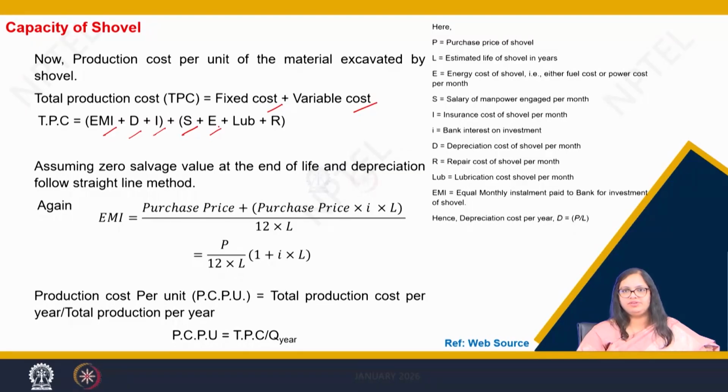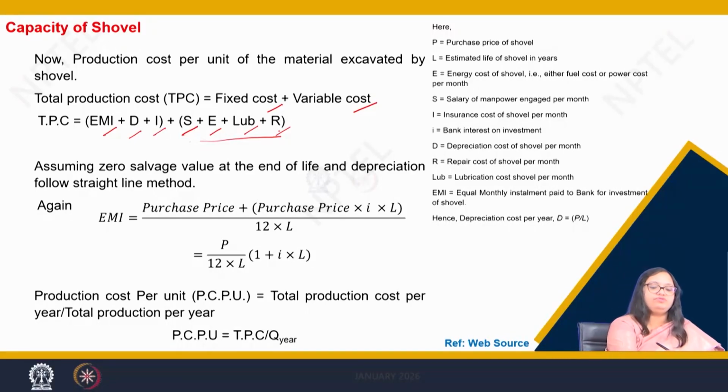If it is diesel driven, then it is the fuel cost. Then there is the lubrication cost of this shovel per month, which is very necessary for smooth operation of this machine. Then there is the repair cost. All these costs, that is salary, energy cost, lubrication cost and repair, account for the variable cost. So, total fixed cost and variable cost give us the total production cost per month.